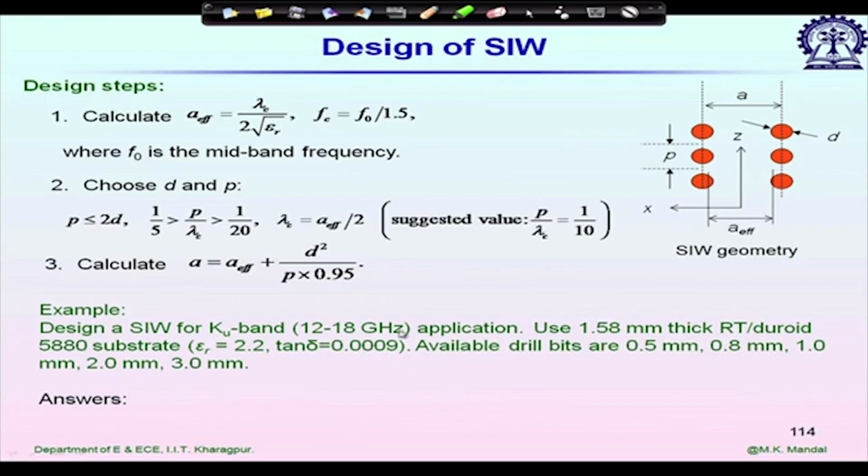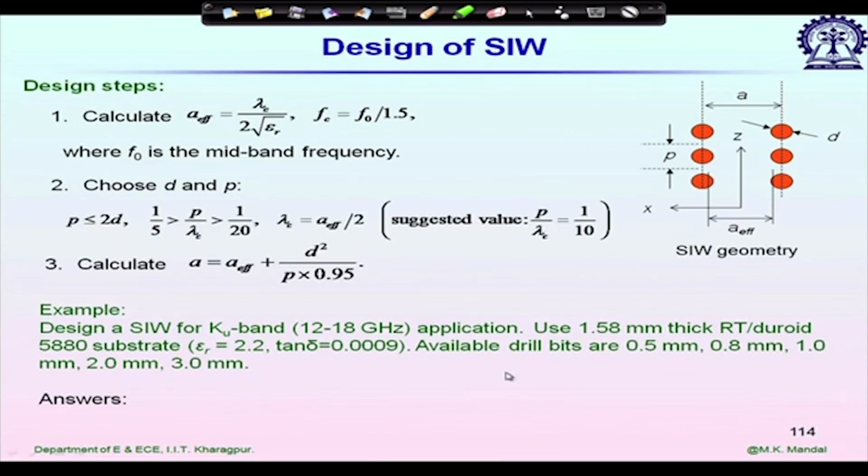Now, we are going to fabricate it by using mechanical drilling, and the available drill bit diameters are 0.5 millimeter, 0.8, 1, 2 and 3 millimeter. So, you have to choose a proper drill bit and then fabricate your structure.